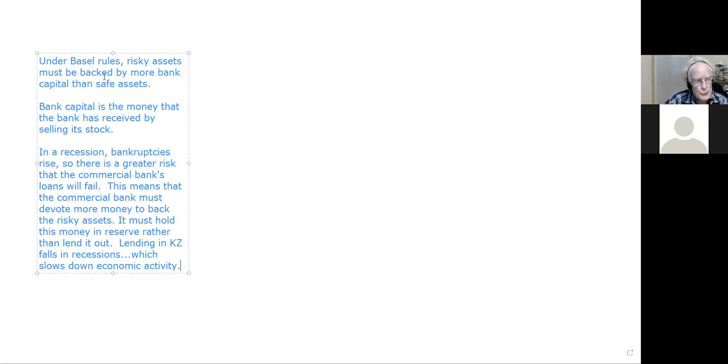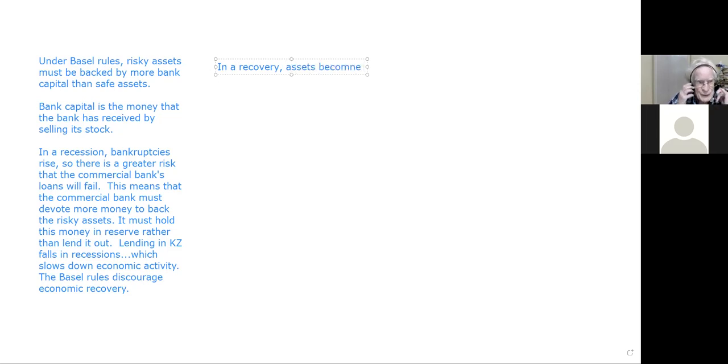So the economy remains in recession for longer because of the Basel rules. And in a recovery, assets become safer because there is not much chance of bankruptcy.